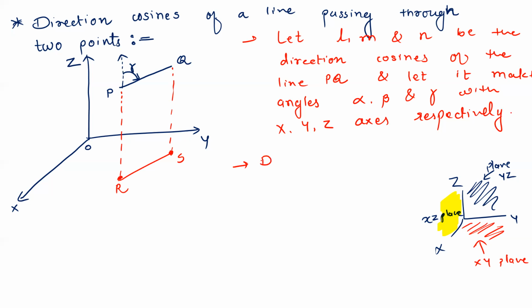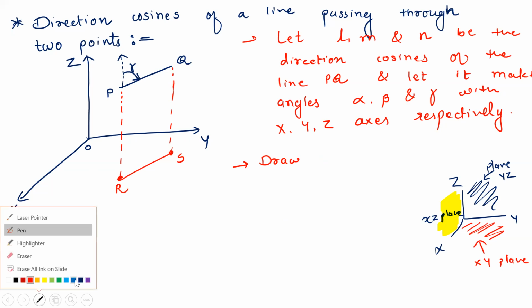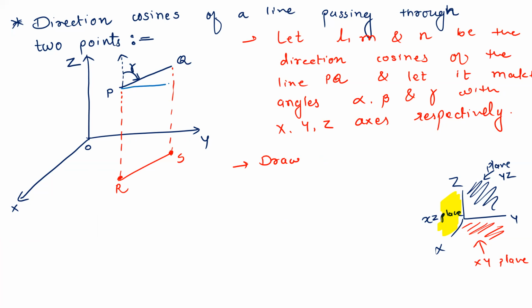I need to draw one more perpendicular. That means I'm going to draw from P to, suppose I'll say N. So draw PN perpendicular.